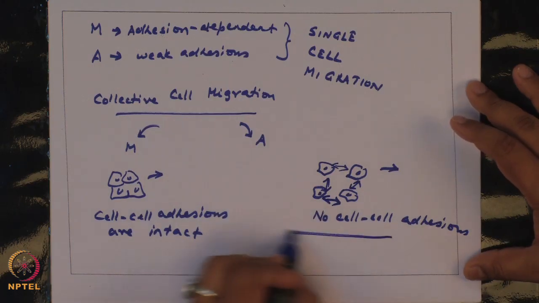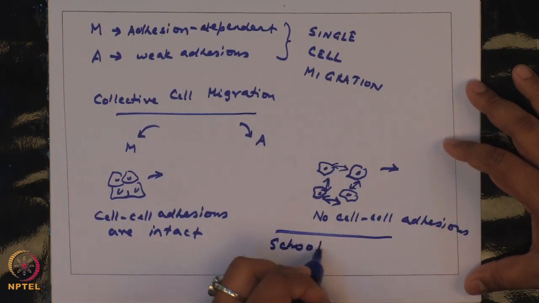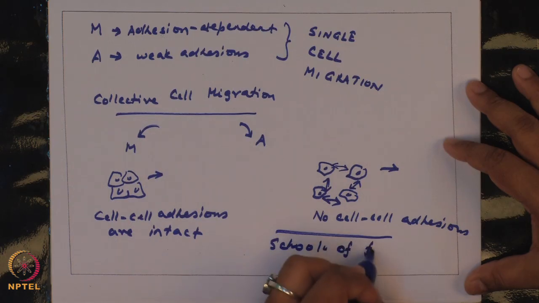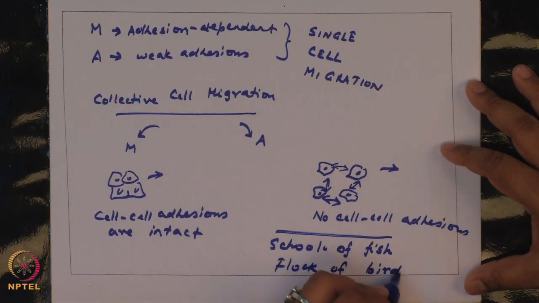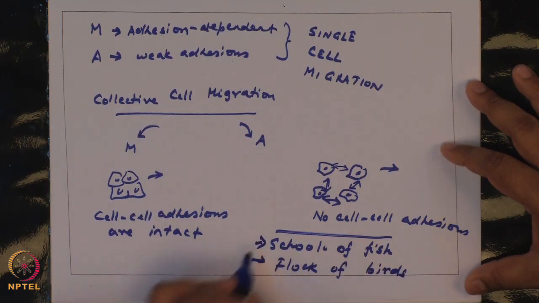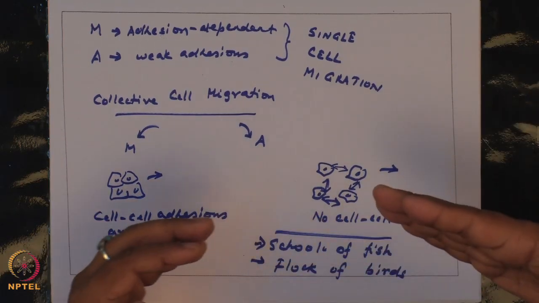At the macro scale, if you look at a school of fish or a flock of birds, you again have multiple entities which migrate together, yet they do not clash into each other. So, there is some spatial signaling which regulates the spacing.